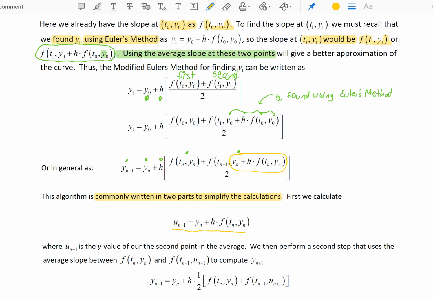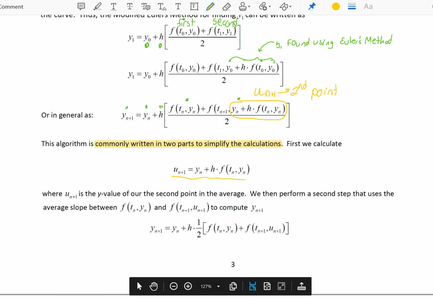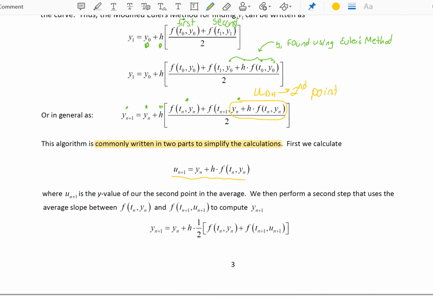This is our second point that we use. So we'll calculate that as u_{n+1}. We then perform the second step that uses the average slope between tn, yn and t_{n+1}, u_{n+1} to compute y_{n+1}, where this y_{n+1} is not from Euler's method, but from modified Euler's method.